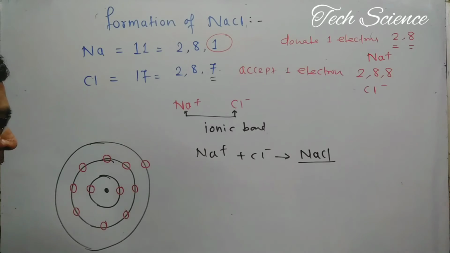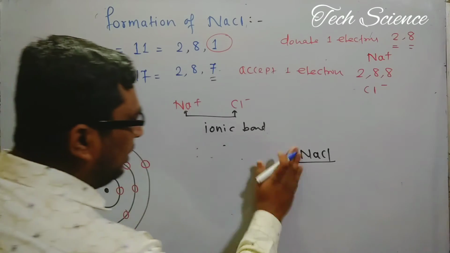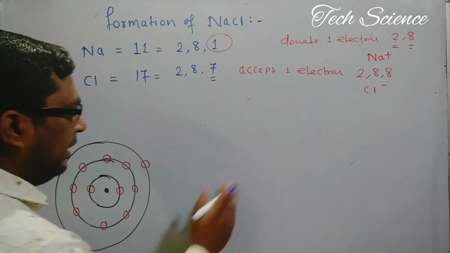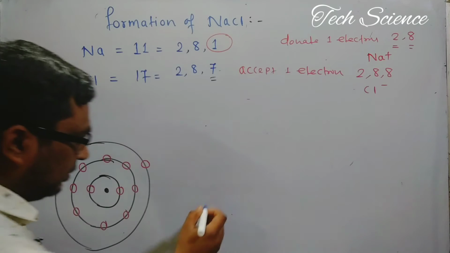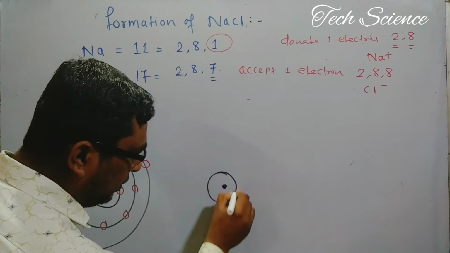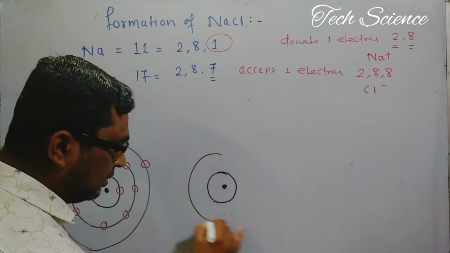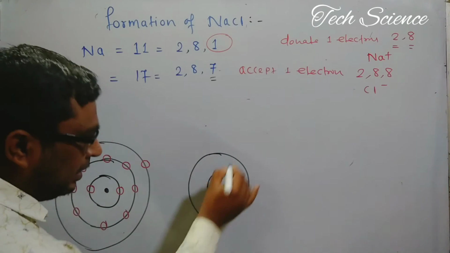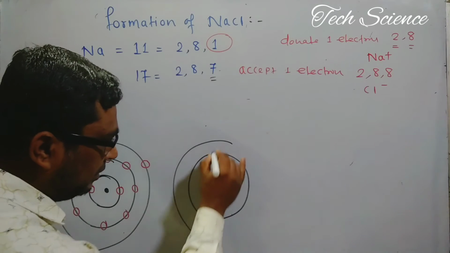Now what happened here? This 1 electron is donated to the chlorine when they come close to each other. Observe, this is the nucleus of the chlorine, this is the first orbit, this is the second orbit, and this is the third orbit.